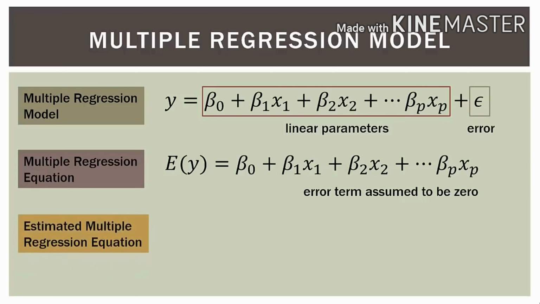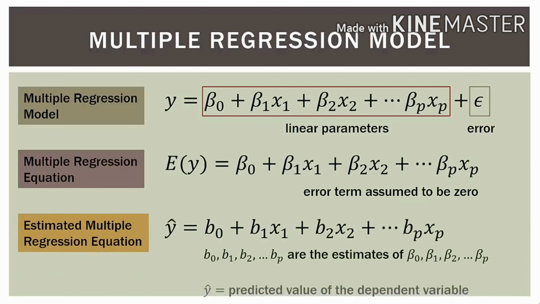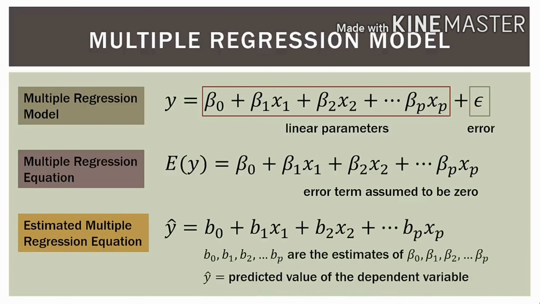The one we're going to be familiar with is the estimated multiple regression equation. So again, when we're using sample data, it's never going to be perfect. We're estimating, so we have to use the estimated multiple regression equation. So y hat is the predicted value of y equals b sub 0 plus b1 x1 plus b2 x2, etc. As you can see, it follows the same form as the multiple regression equation above it, and everything that you see at the bottom is just an estimate of what is above it.